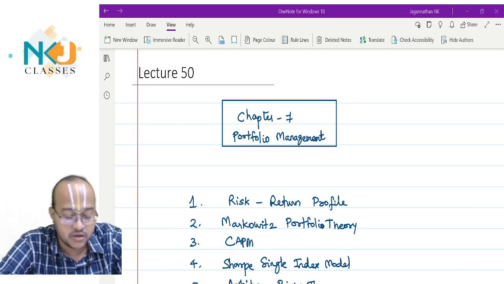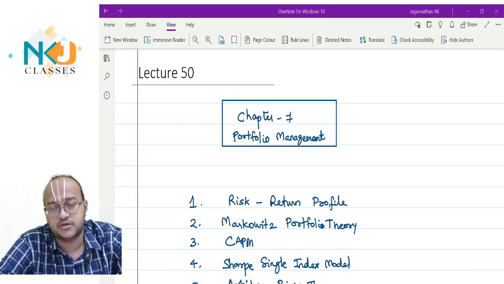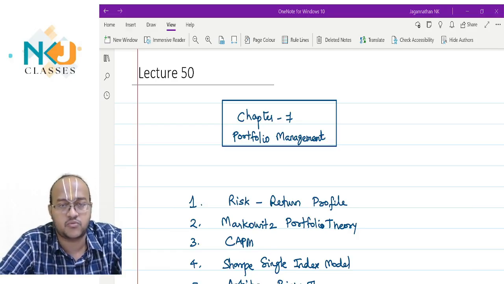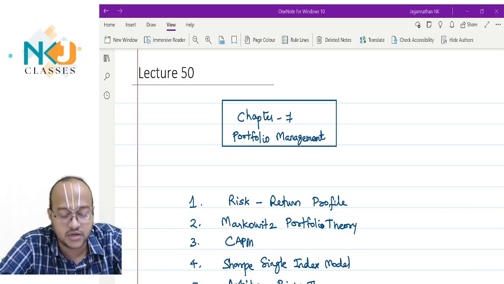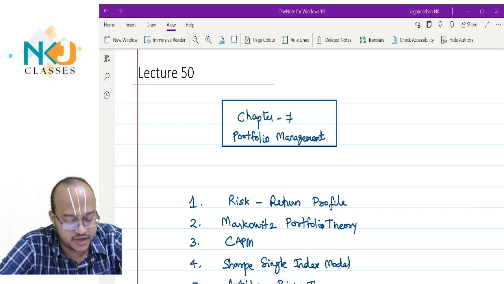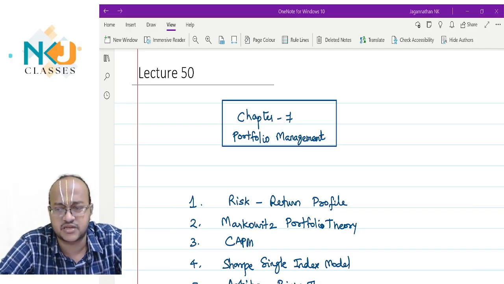Then the Sharpe single index model was also developed by him. Sharpe was a student of Markowitz, right? Then there is a theory called arbitrage pricing theory. Ross found out the arbitrage pricing theory.